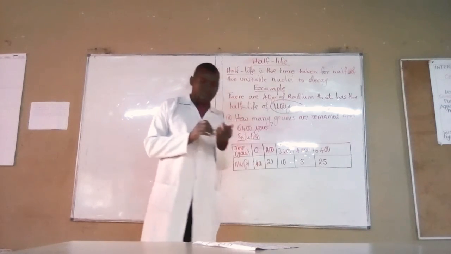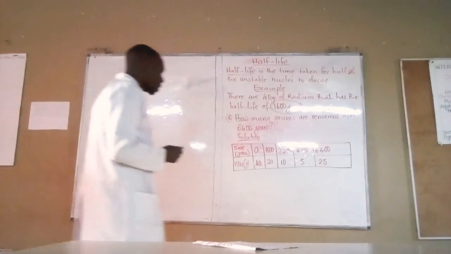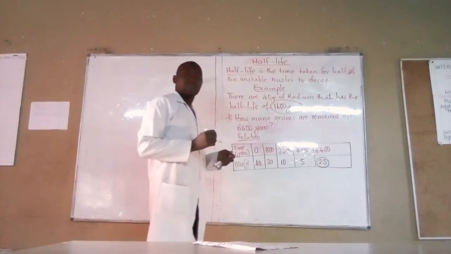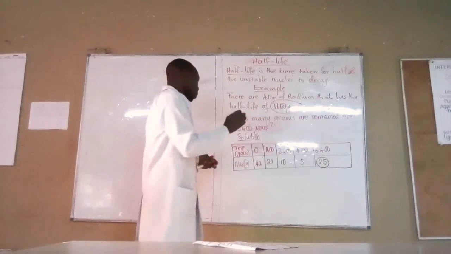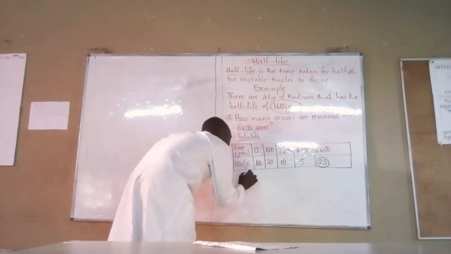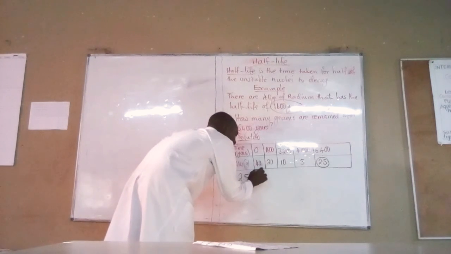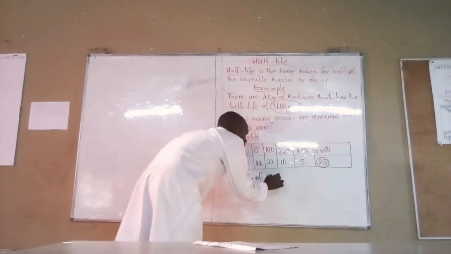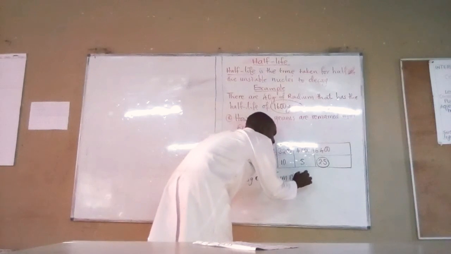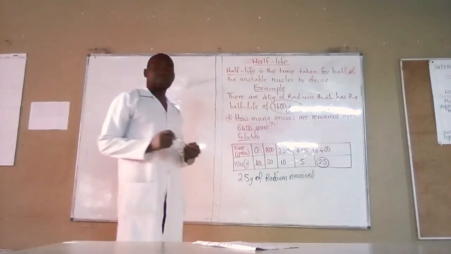So our answer is 2.5. Under the answer we can say 2.5 grams of radium remained.